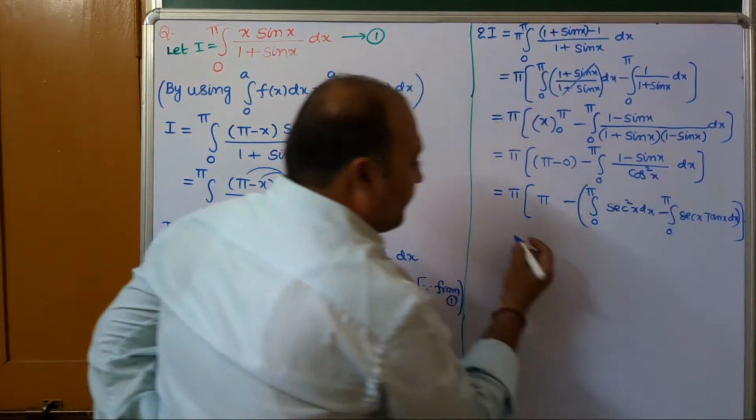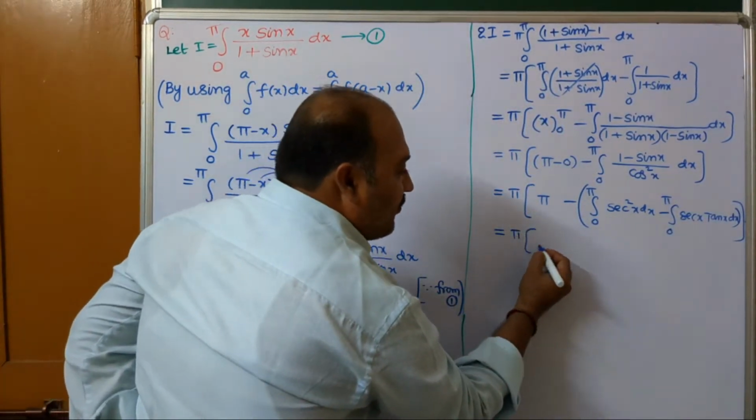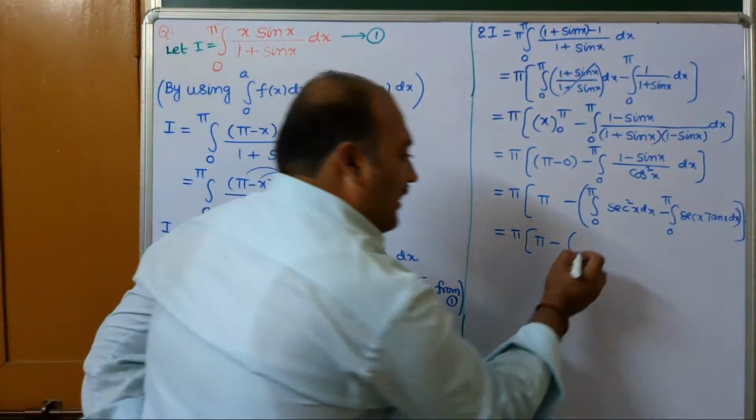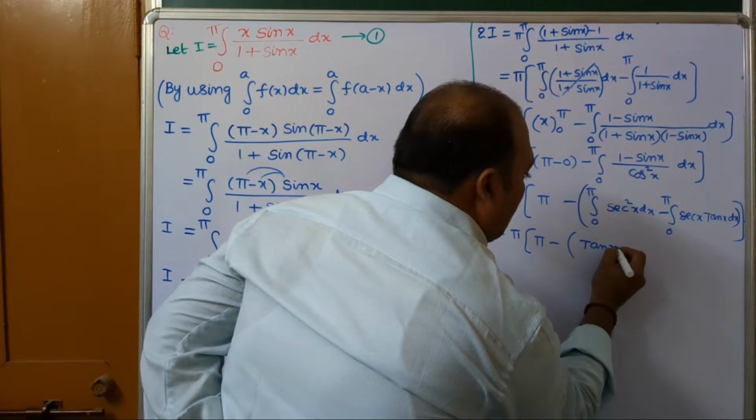Bracket close. So pi into pi minus integral of secant square x, tan x.